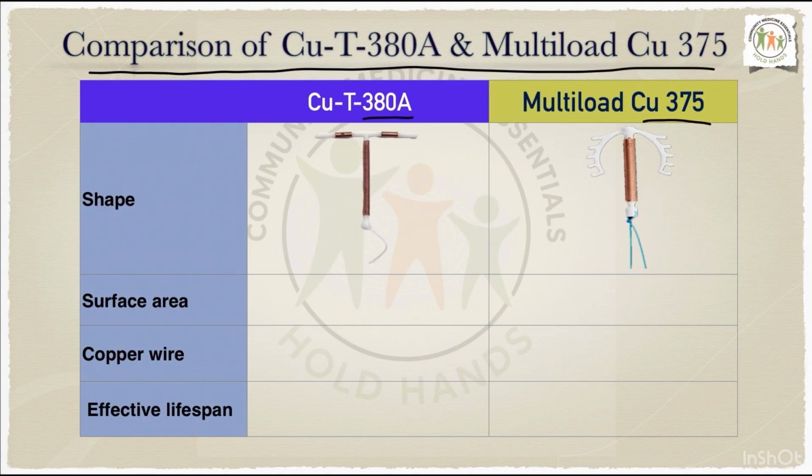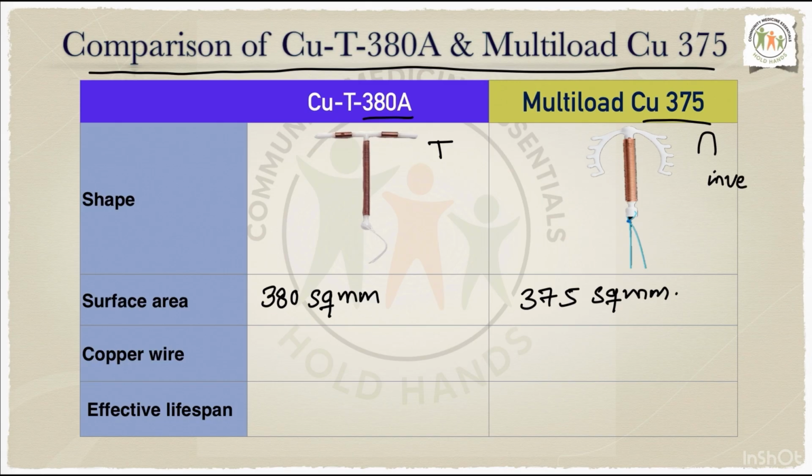So copper T380A has 380 square millimeter surface area and multi-load has 375 square millimeter of copper. Shape of copper T380A is T shape and multi-load copper 375 is of inverted U shape.